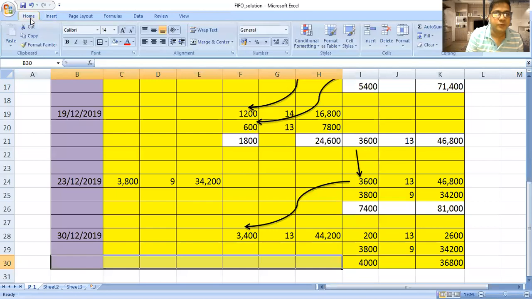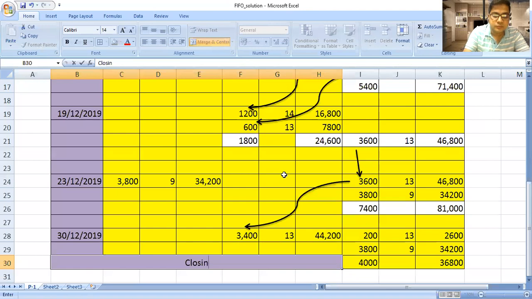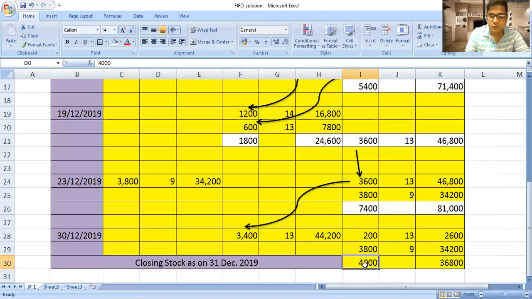This particular value we can say is the closing stock as on 31st December 2019: 4,000 units, and their value is 36,800 rupees.